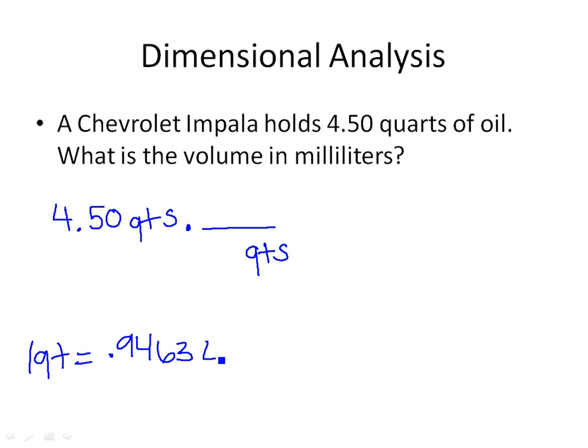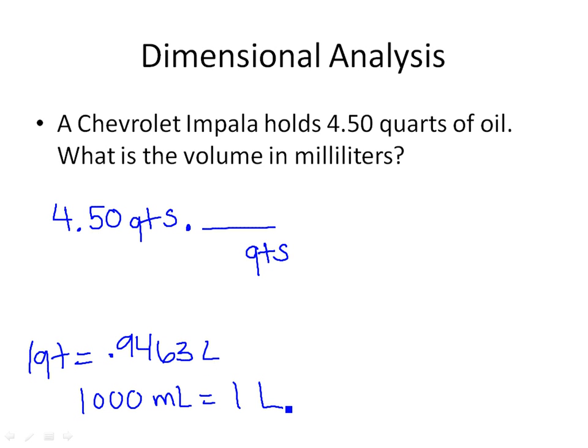Okay, and then if we need milliliters, we know that there's 1,000 milliliters in 1 liter. Okay, and once again, these will be given to you. Things like 1,000 milliliters in 1 liter, that's something that you want to pick up on. It will be given to you for the first test, but you want to be sure you pick up on those. Those are very simple ones to remember.